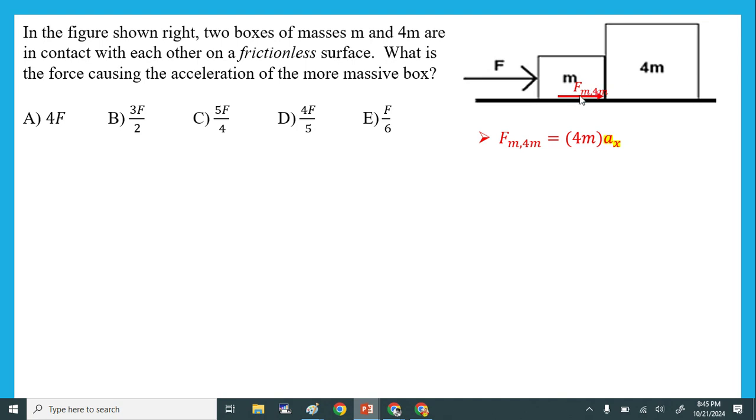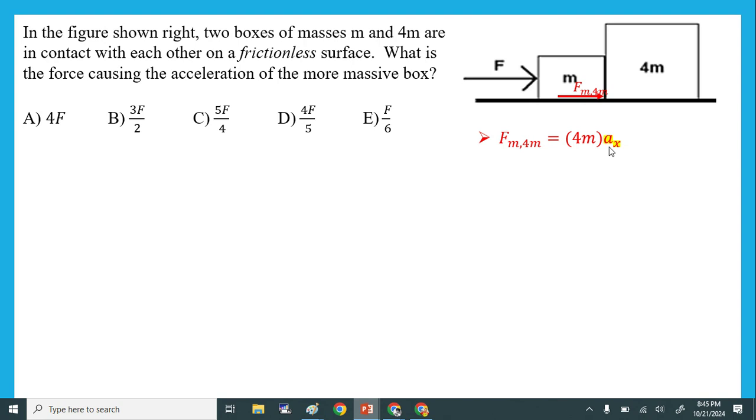It is the contact force that exists between these two blocks, so it would be F of M onto 4M, which is equal to mass times acceleration. But what is the mass I'm interested in? It is the block on the right side of the screen, which is 4M. So instead of writing M, I'm going to call that 4M, and the acceleration in the horizontal direction.